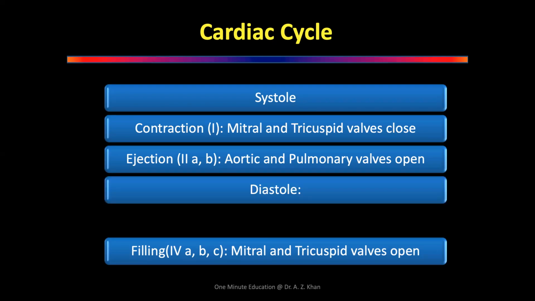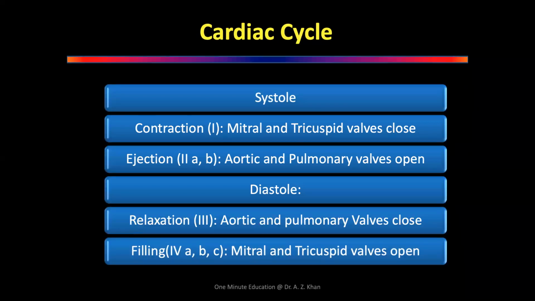You then move into diastole, where you enter the third phase called relaxation, where the aortic and pulmonary valve close. And then there is filling, which is 4A, B, and C, where the mitral and tricuspid valve opens.